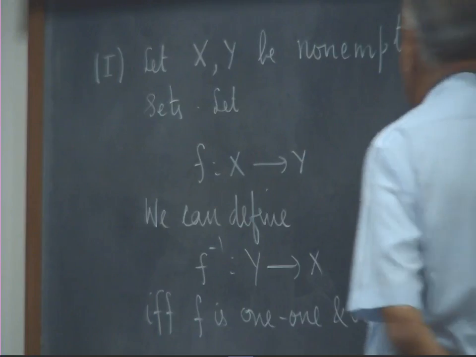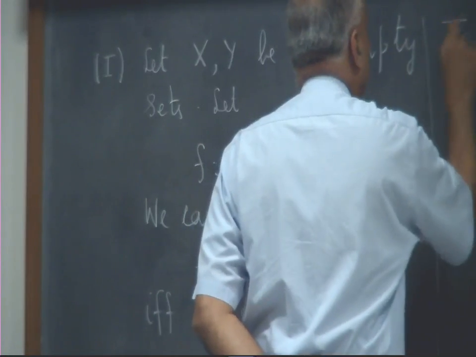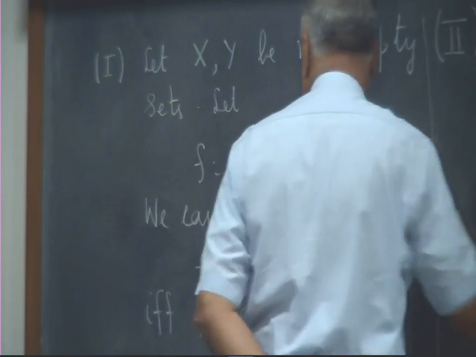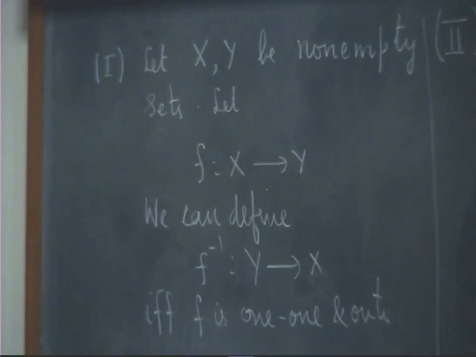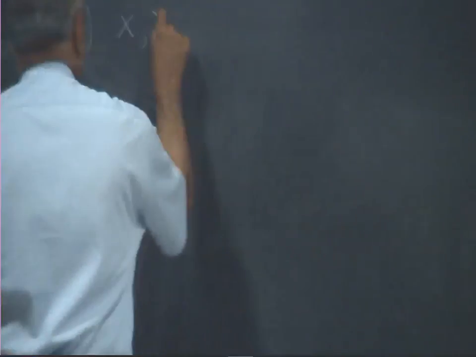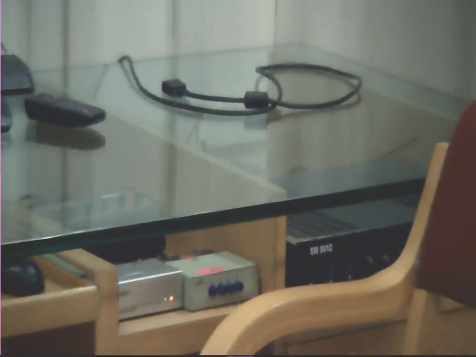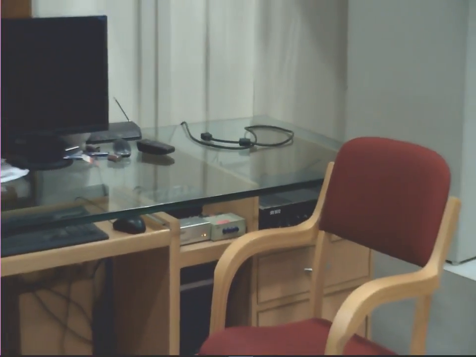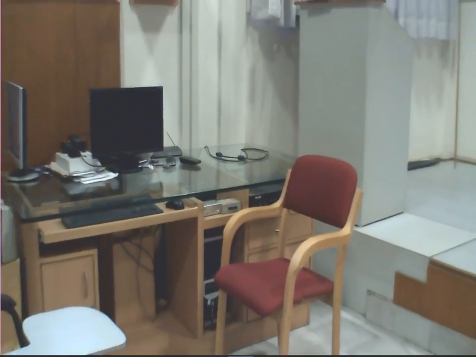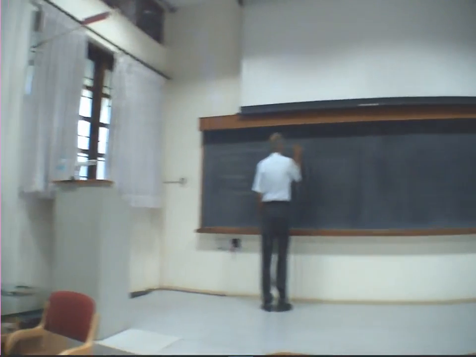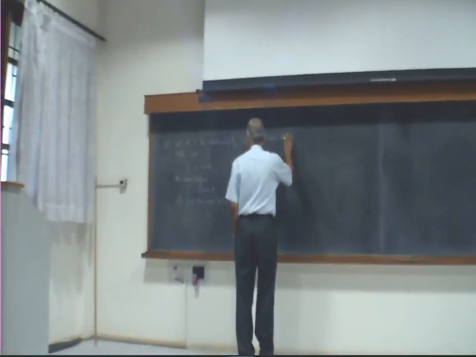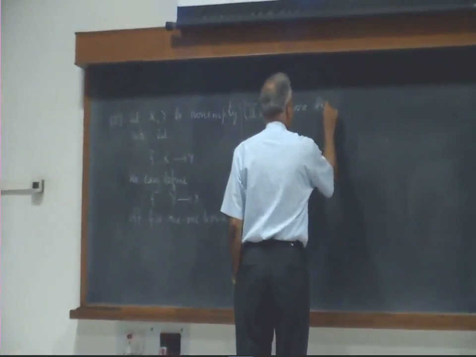Now let us look at a second level. Suppose I have x and y as vector spaces. They have more structure. Previously it was just raw sets. Now these sets have more structure, vector space structures. So x and y are, let me say, finite dimensional.